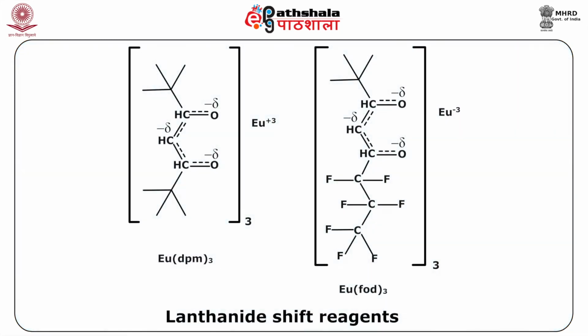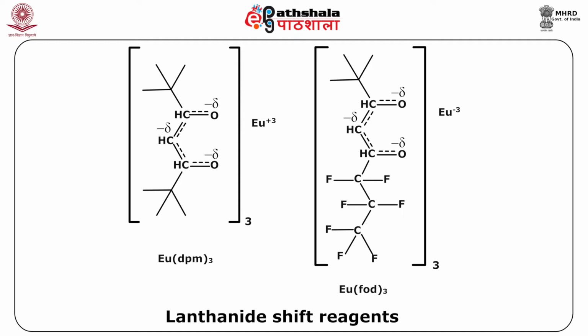Here we have shown you some of the lanthanide shift reagents in this figure. The lanthanide shift reagents are beta dicarbonyl complexes of rare earth metals, also known as the lanthanides. The commonly used lanthanide shift reagents are tris heptafluoro dimethyl octane dionato-europium.